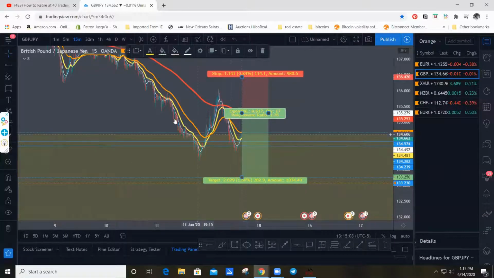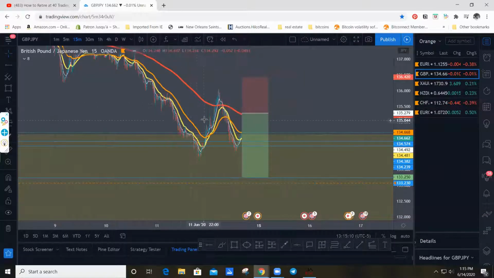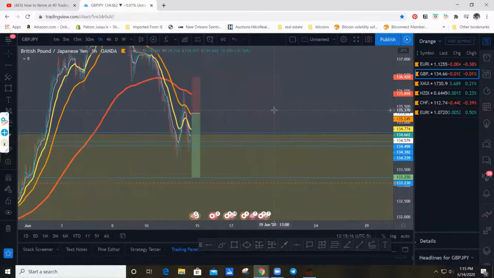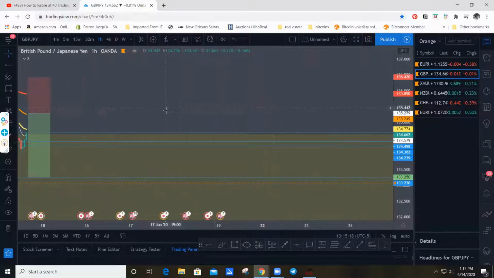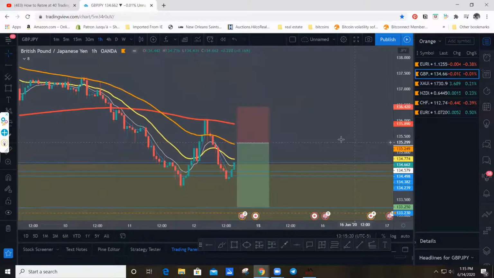I'm kind of indecisive on what it's going to do right now. A lot of it is based off, let me see, I'm back on the hourly chart. So price comes back and hits that 50.